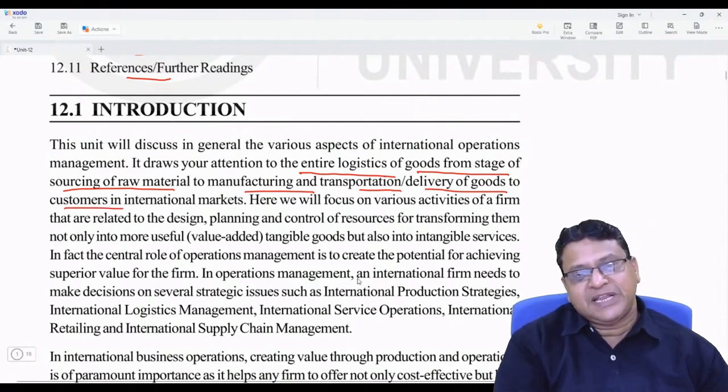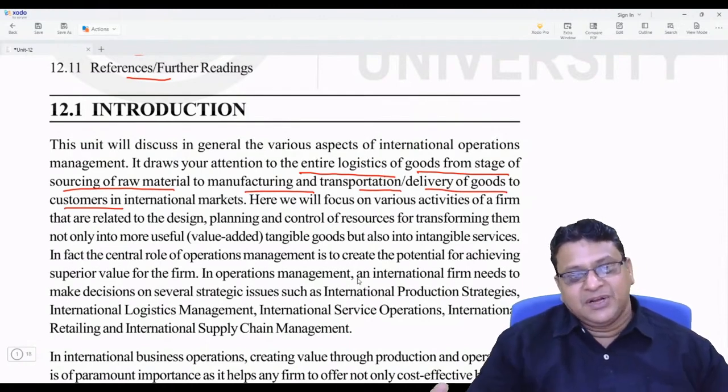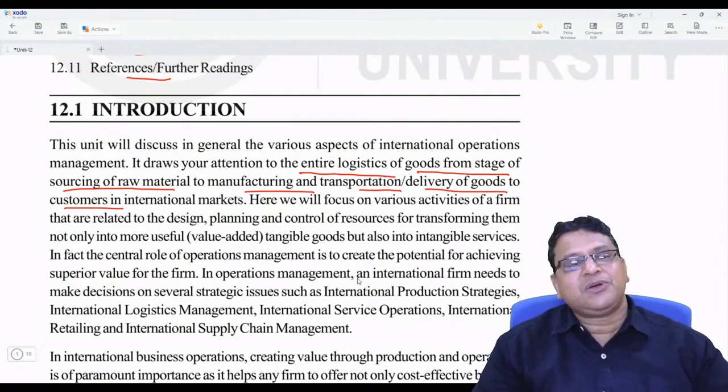So operations management deals with the entire activities from sourcing the raw material to delivering it to the customers.